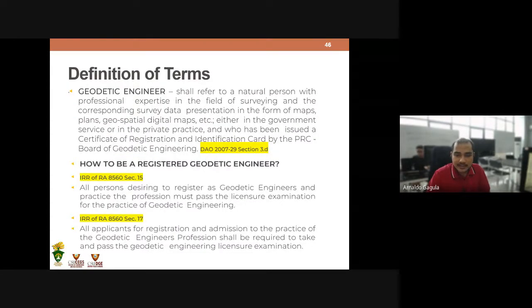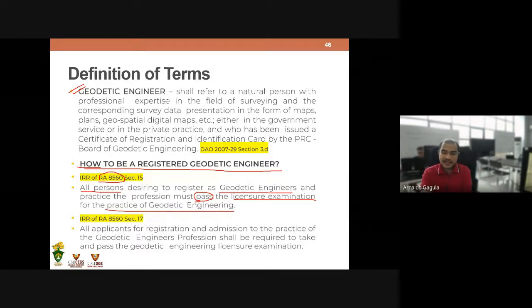Okay, nabalik ni siya si geodetic engineer. Tapos na natin i-discuss. So, next is how to become, no? Para sa man maingon na registered geodetic engineer ta. So, according to RA 8560, all persons desires to register as geodetic engineers and practice a profession must pass the licensure examination for the practice of geodetic engineering.